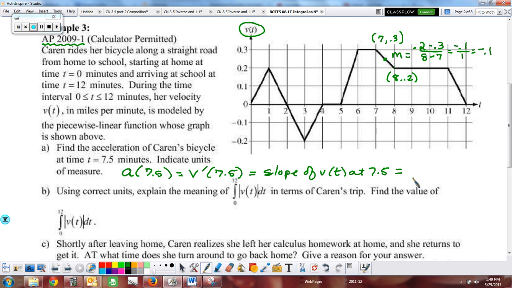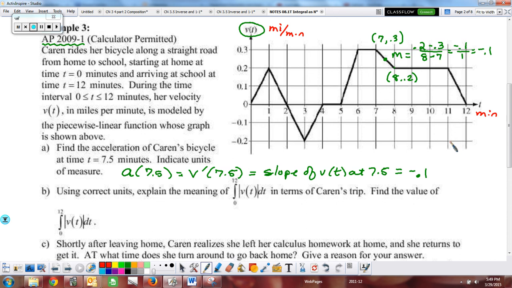Okay. Now, the nice thing about the AP is they will read your graph. So if there's work up here, they will take a look at it. So I can come down here and say equals negative 0.1, and I need to indicate units. So now let's think about this. Our velocity is in miles per minute, so this must be in minutes.